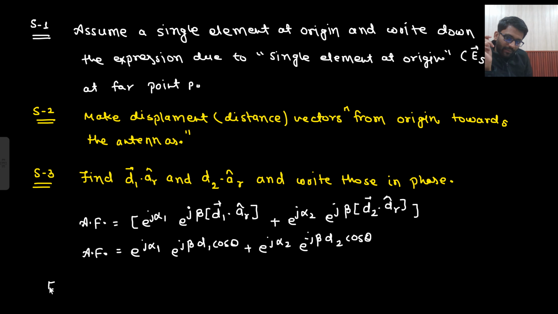Now if I need to write down the complete expression of electric field at point P, and we are writing the phasor form, what would that be? Imaginary antenna at the origin having the current of I naught and having the phase of 0.